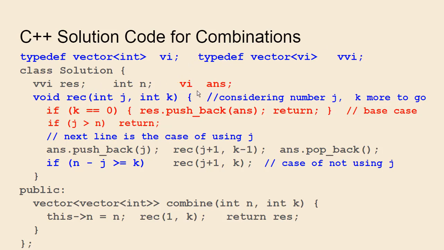Again, here we use a vector of integer to store the partial solution, the combination we are trying to construct, and this 2D array is used to construct the result to be returned, which consists of the vector of all the combinations.